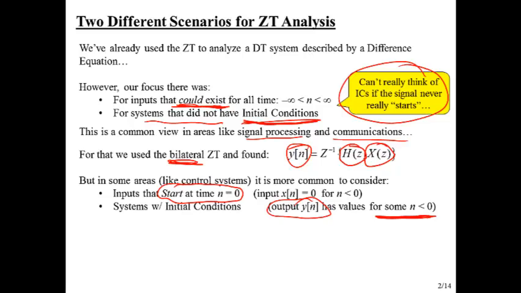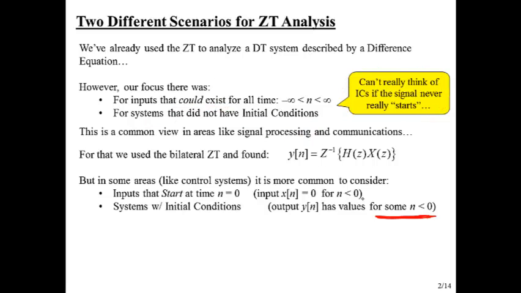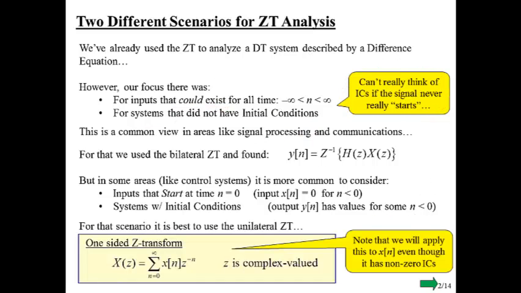For discrete time, we don't have derivatives, so instead what we look at are successive output values just prior to the input. And depending on the order of the system, that determines how many of these we need in order to properly analyze the system.